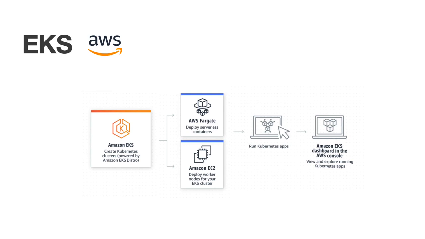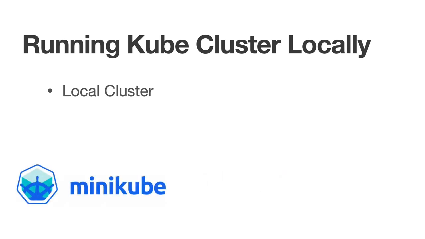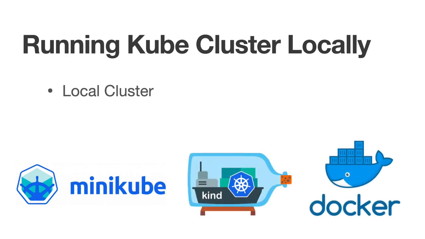So to run Kubernetes locally, i.e. to create a local cluster, there are three main solutions out there, or there are others, but these are the most popular ones. So we have Minikube, we have Kind, and we also have Docker. All of these three solutions allow us to basically create a local cluster that allows you to play around and learn Kubernetes.